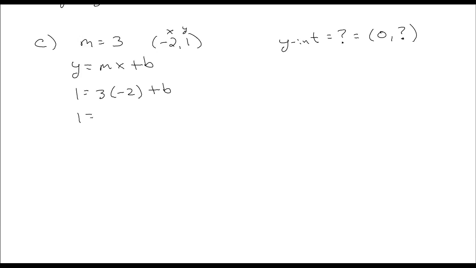So 1 equals negative 6 plus b. Add the 6 to the other side, and I can write y equals 3x plus 7. Actually, I didn't have to write the equation. I know the b value is 7, so my intercept is 0, 7.